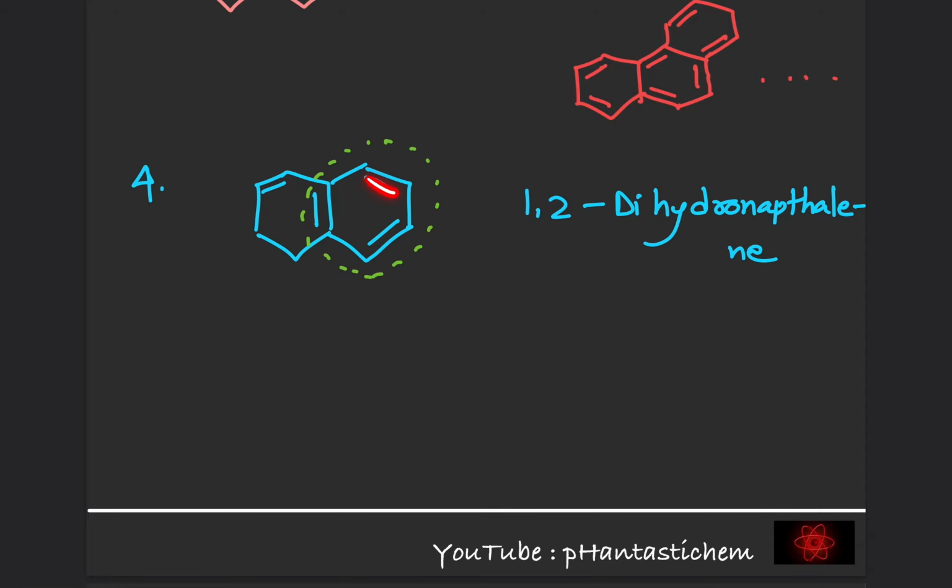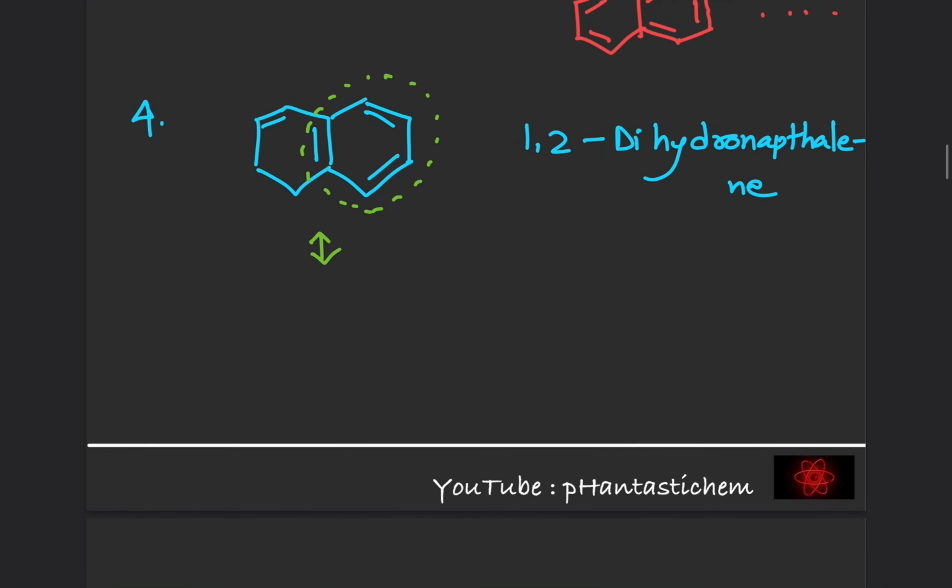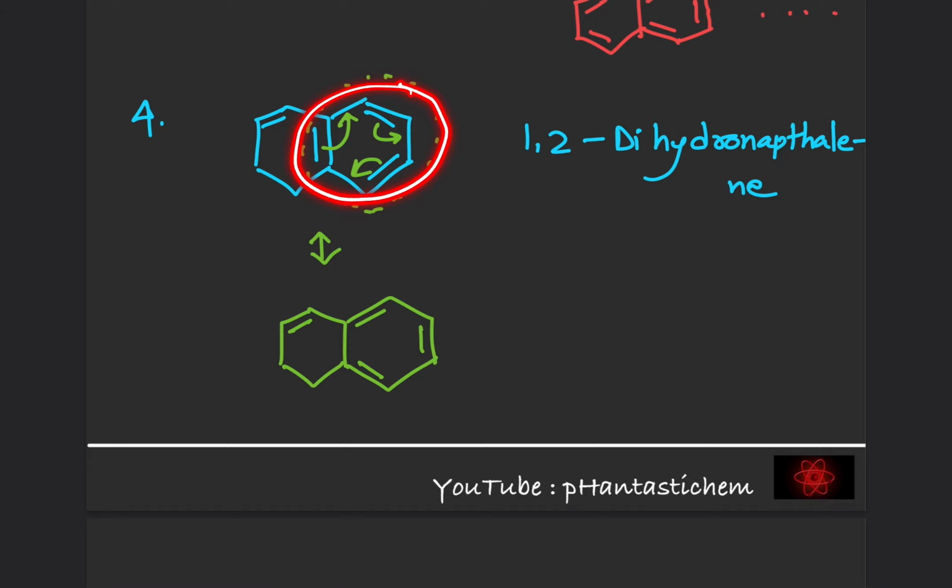And also these 6 pi electrons are spread over the entire ring, because we can draw resonance structures of this kind, where you shift these electrons in this fashion. So we will get a structure like this. Therefore we have a planar structure, the 4n plus 2 scheme being followed, and also there is conjugation over the entire ring, delocalization.